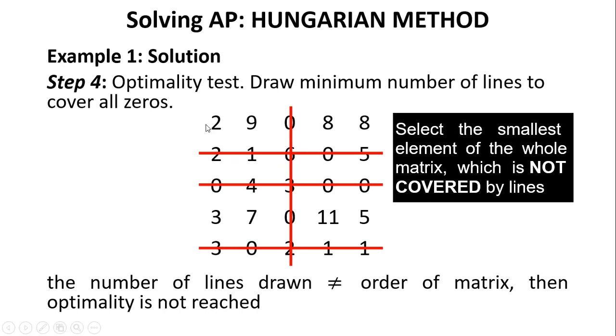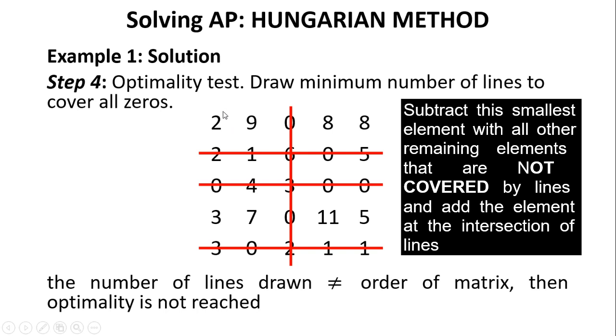Go around this matrix, look for the least element, the smallest element, which is not covered by a line. The least element which is not crossed or covered by a line from these remaining elements is 2.